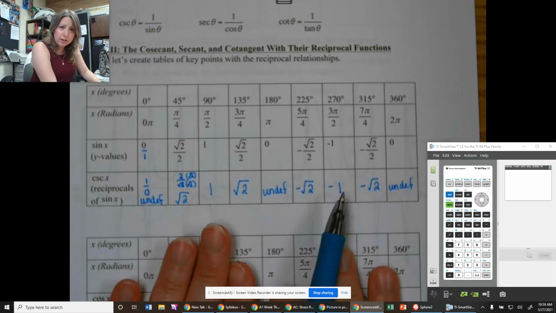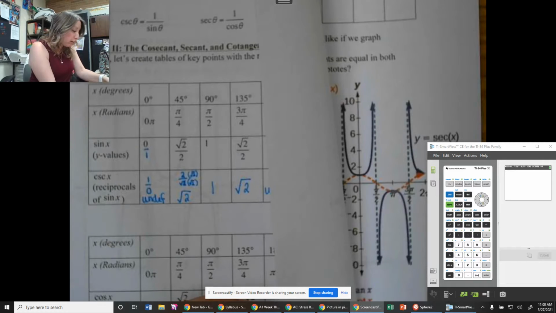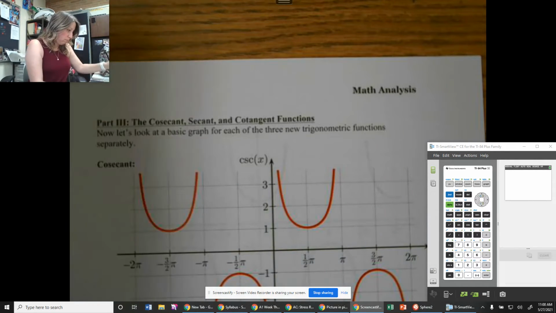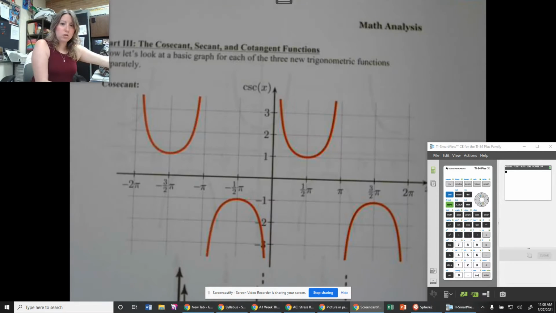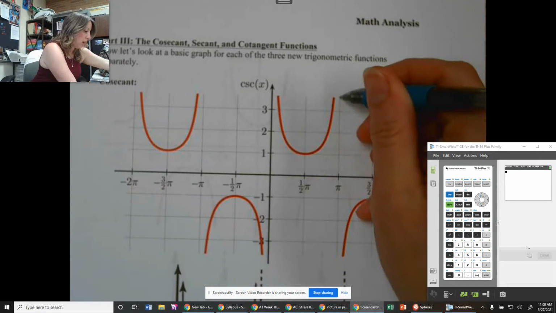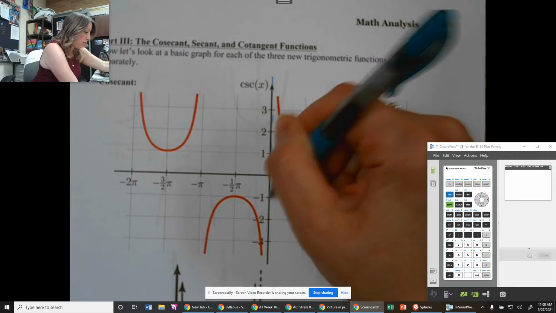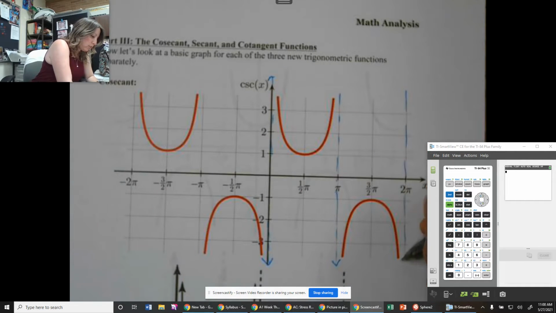So I'm just going to stop right here and show you what that graph actually looks like. So here are those asymptotes that we were just mentioning, right? At 0 and 180 and 360.